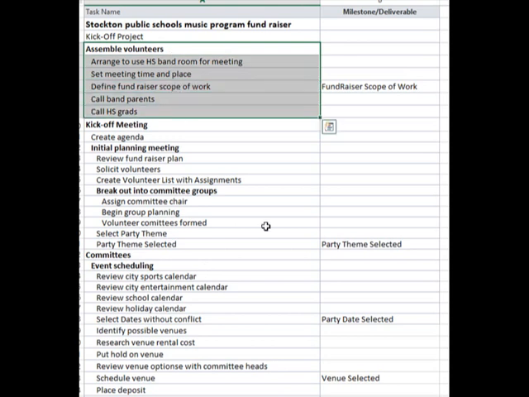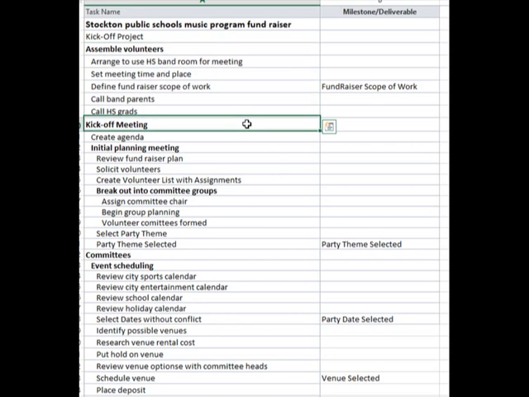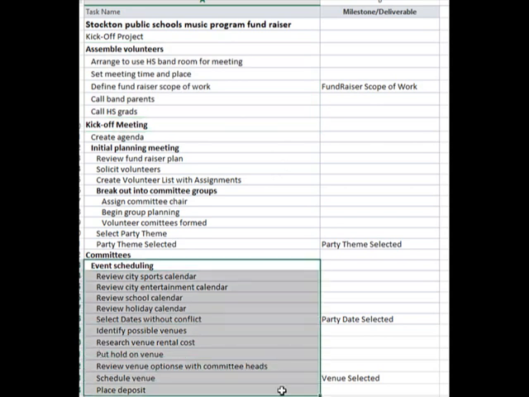I need to arrange to use a room for the meeting, set the time and place, define the fundraiser scope of work, call parents, call grads, in order to be able to kick off the meeting. Likewise, I can look at event scheduling as a separate set of activities composed of 12 or 14 separate tasks.